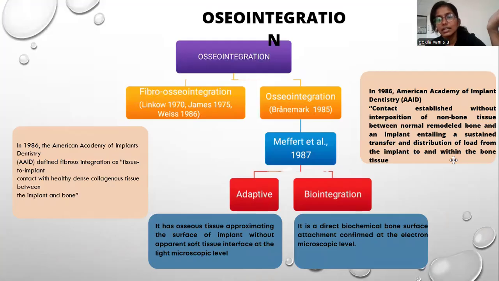Regarding osseointegration, there are two terms which I want you all to know: fibro-osseous integration and osseointegration. Osseointegration, as we all know, is the direct structural and functional connection between the bone and implant. When connective collagenous tissue forms between the implant and bone, it is called fibro-osseous integration. And osseointegration is given another term by Meffert et al., as adaptive osseous integration and biointegration.